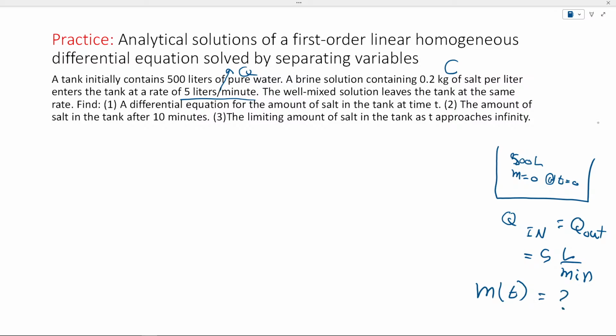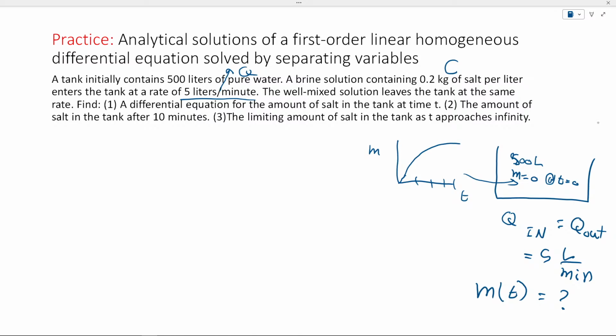I want to find the relationship between mass and time. So this is time here and this is mass. I want to see how mass will increase with time. It starts with zero, but at different times, what would be the concentration inside this tank? That's basically what it's asking me for.